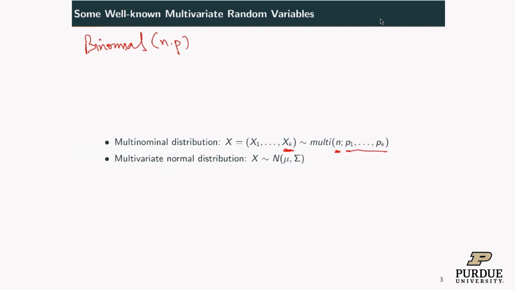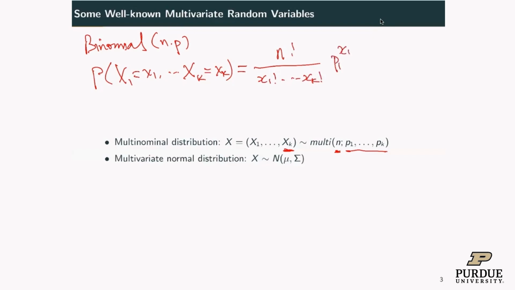Since they are discrete random variables, we can write down the joint PMF. For example, probability x1 equal to little x1, up to xk equal to little xk is equal to n factorial over x1 factorial up to xk factorial, times p1^x1, p2^x2, up to pk^xk. The total sum of xi from 1 to k should be n.